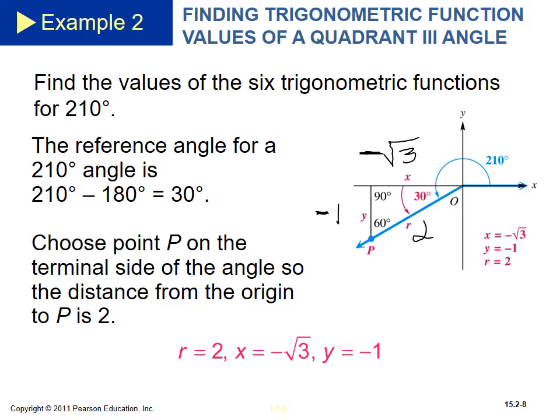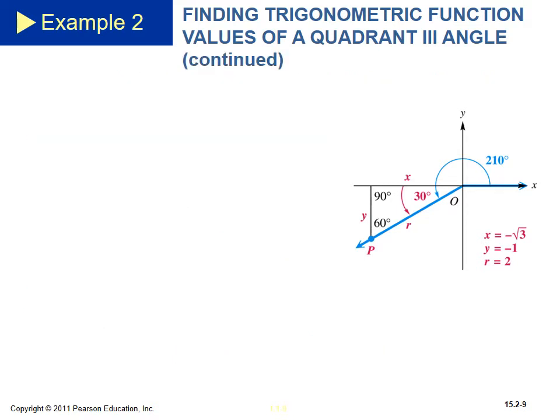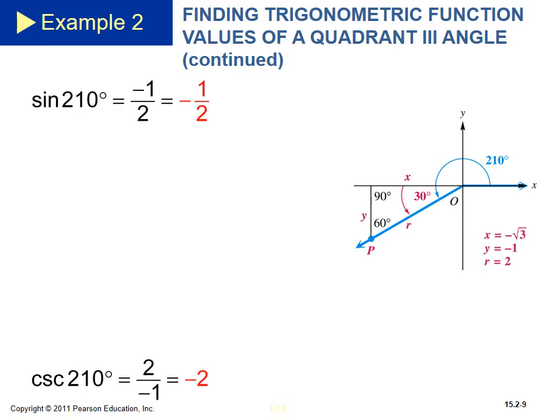So negative square root of 3, negative 1, and then positive 2 is the length for the radius. Now we're going to continue on. So the sine of 210 is equal to y over r, so it would be negative 1 over 2, which is equal to negative 1/2.